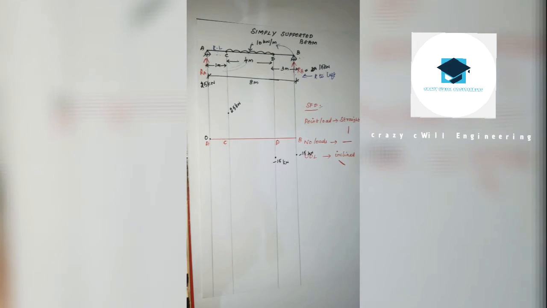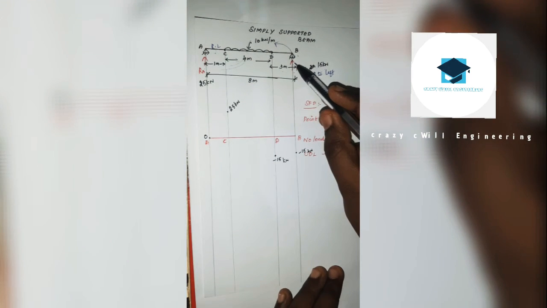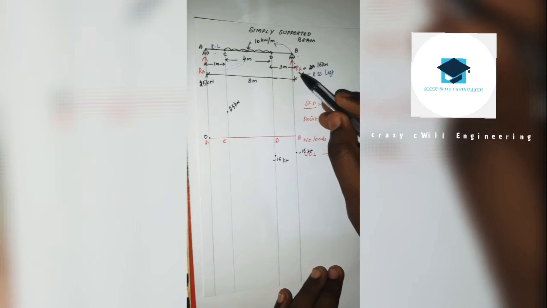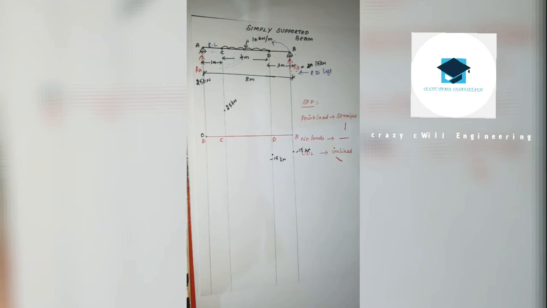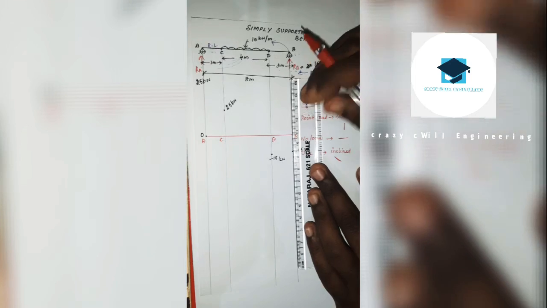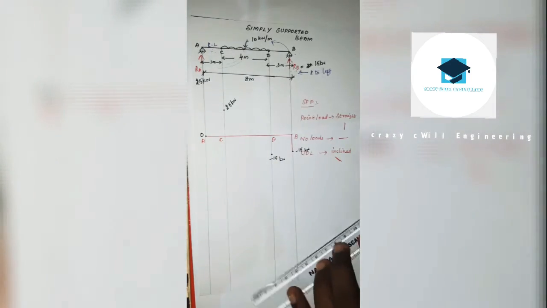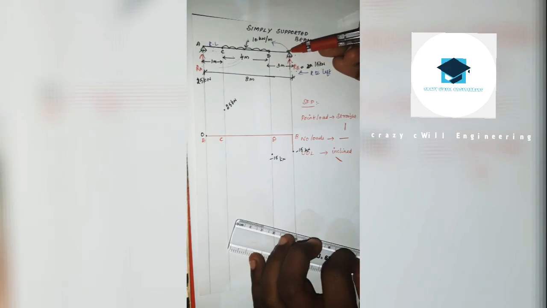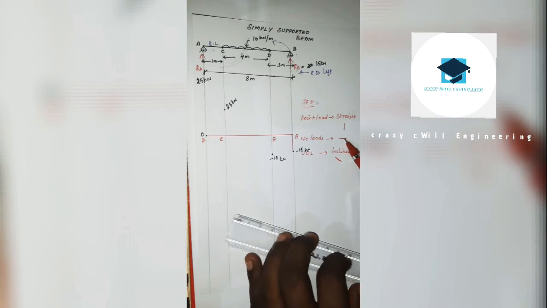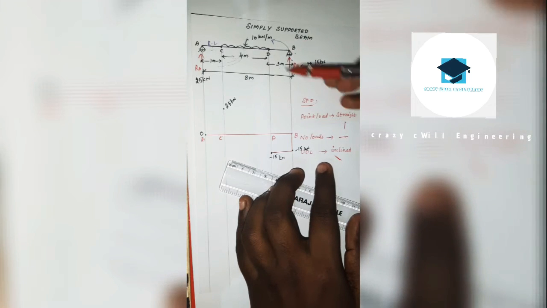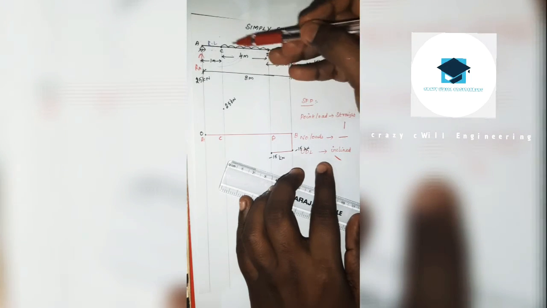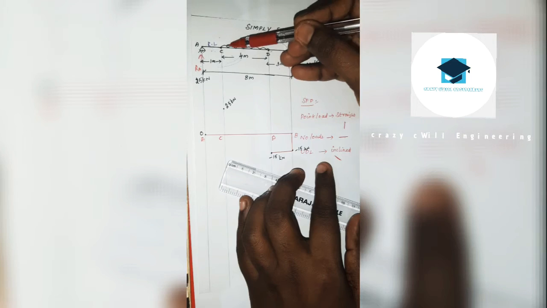See here, our reaction is also a point load. So a reaction or point load means a vertical straight line. Using a scale, draw the vertical straight line here. Between D and B there is no load. No load means horizontal line. Again, between C and D there is a UDL.